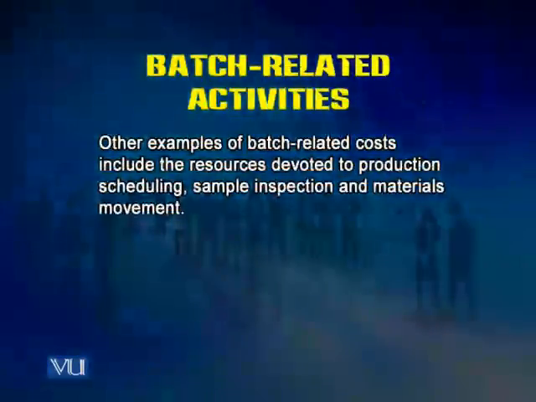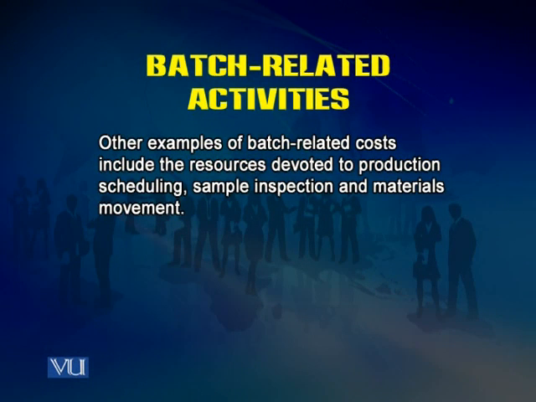It would be one single purchase order, and therefore the cost of the purchase order will not change according to the number of items being ordered. Other examples of batch-related costs include the resources devoted to production scheduling, sample inspection, and materials movement.